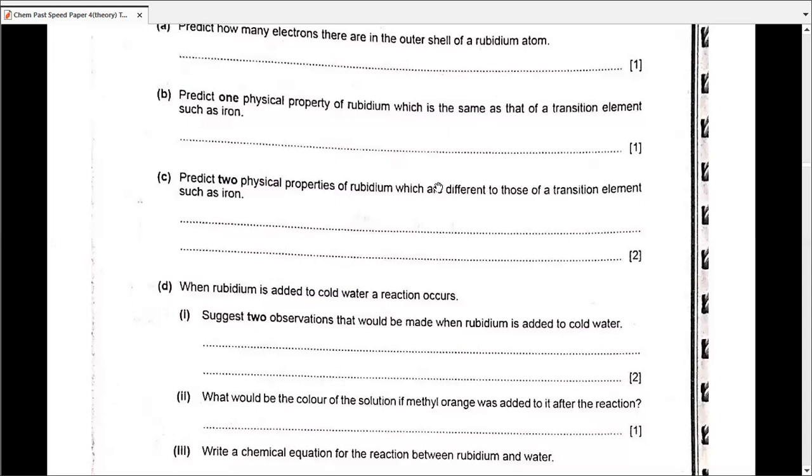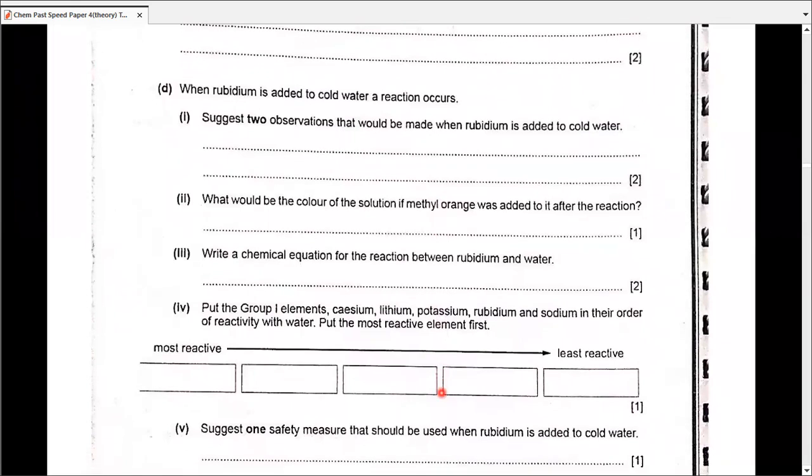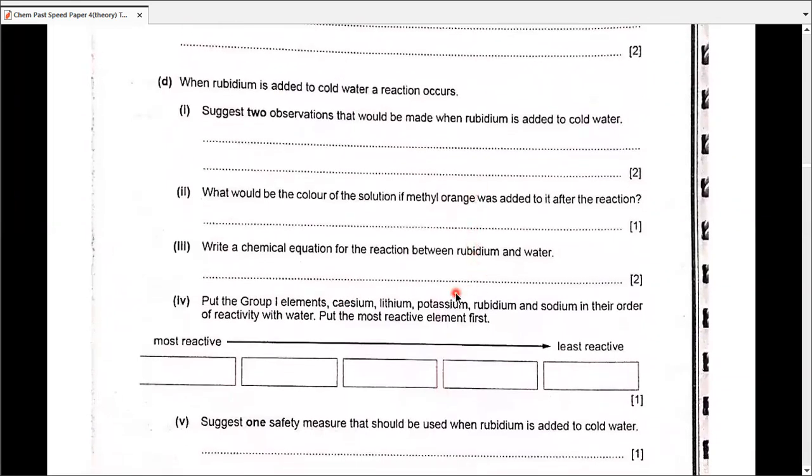D. When rubidium is added to cold water, a reaction occurs.